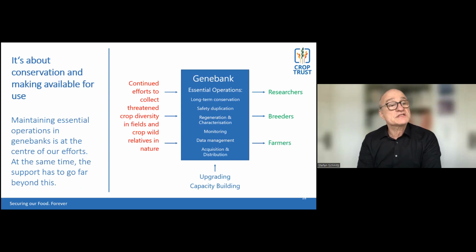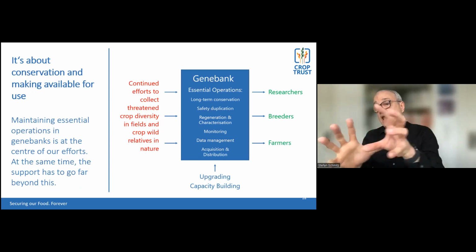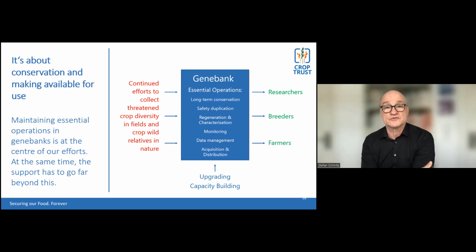But there is a lot of other work that needs to be done. On the one hand, marked in red here, the continued efforts to collect threatened crop diversity in fields and crop wild relatives in nature, collect them and bring them to gene banks. The upgrading and capacity building in gene banks is a constant task.